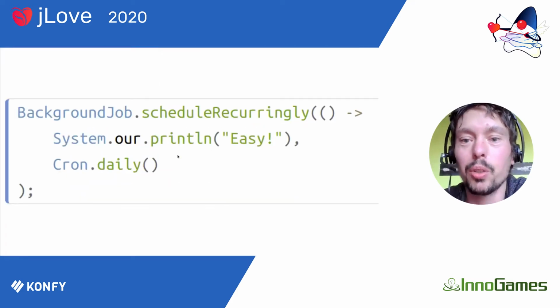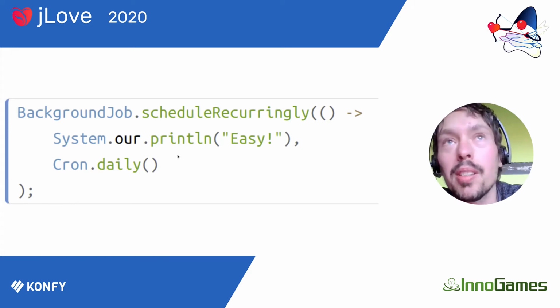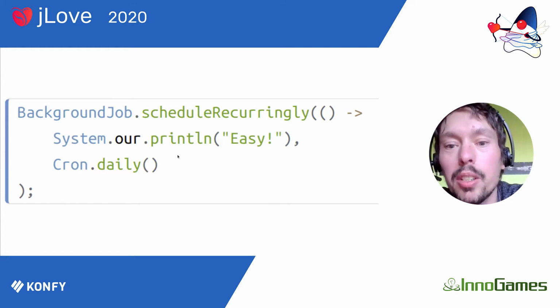And if you want to do some recurring stuff, like for calculating the wages, we needed to process that data every hour. So there is a scheduleRecurrently method, which takes in, again, a lambda, and where you can just pass a cron expression.